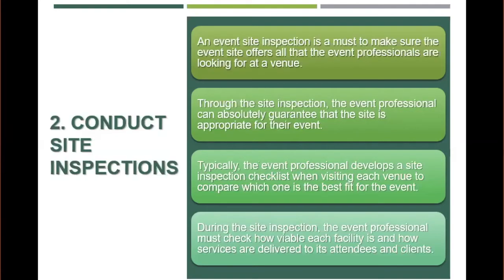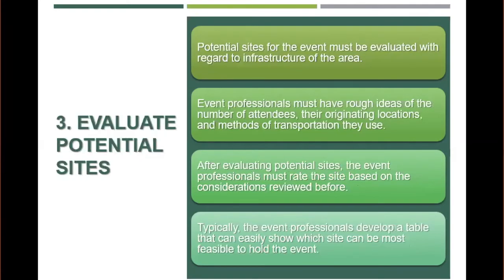So like I said, when you go with a checklist, it helps you to check what the event site has and what it doesn't have out of the options that you are looking for. And based on that, you come out with a list of potential sites which you evaluate, because you do the checklist for each and every one of the options that you came up with in the beginning.